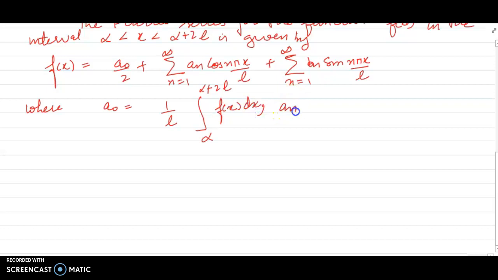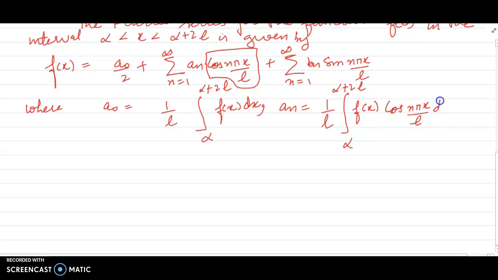And how will you get the value of an? An is equal to 1 by l, range of integration from alpha to alpha plus 2l. Multiply f of x with cos of n pi x by l, integrate between alpha and alpha plus 2l, and divide by l.